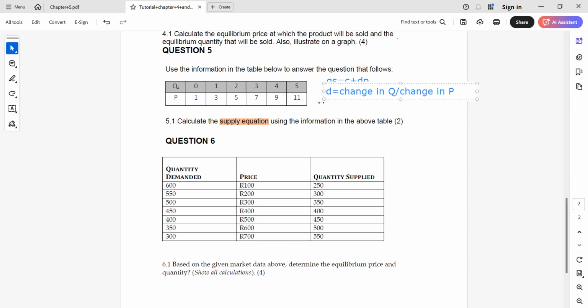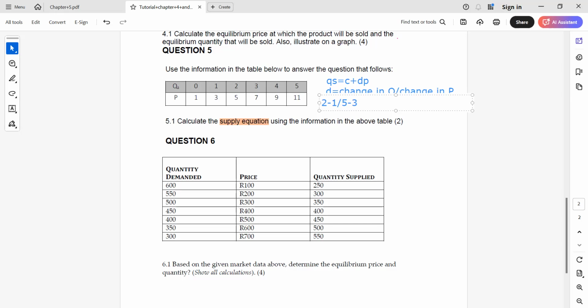For our change in quantity, I'm just going to take this one, 1 and 2, and 3 and 5 also for the price. So I'm going to say 2 minus 1, because it's a change, 2 minus 1 divided by 5 minus 3.